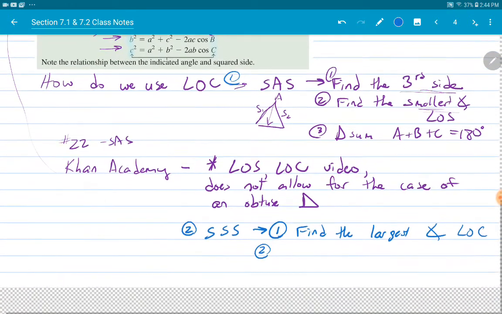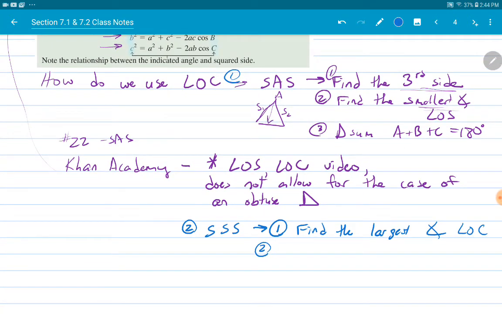So step 2 is to use the law of sines to find a second angle. Now I know that one's not going to be obtuse because I already found the largest angle in step 1, so it will not be the ambiguous case. So that is why I found that largest angle. And then once I have 2 angles, it's easy to find the third one with the triangle sum, which is A plus B plus C equals 180 degrees.